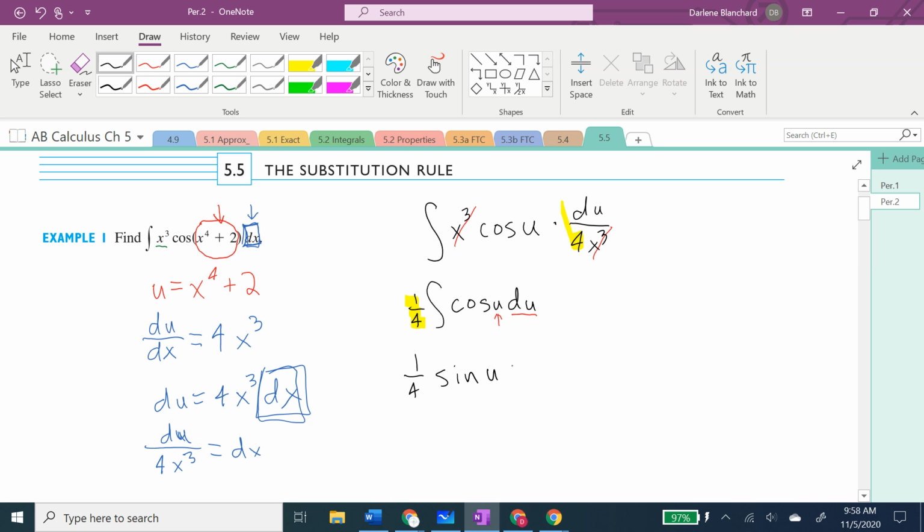It's an indefinite integral, so I need a plus c, but I'm not quite done. This integral began in terms of x, and I need to complete the problem in terms of x. That means I'm going to go back to the u-substitution choice and now put it back in.